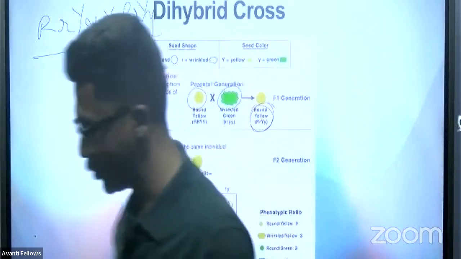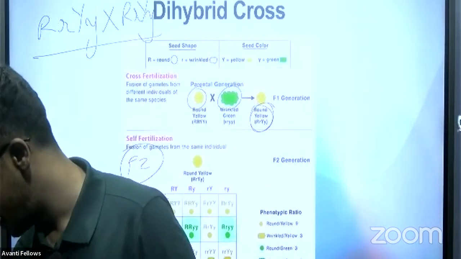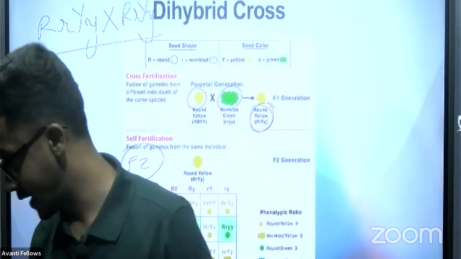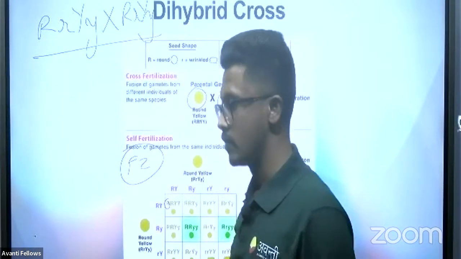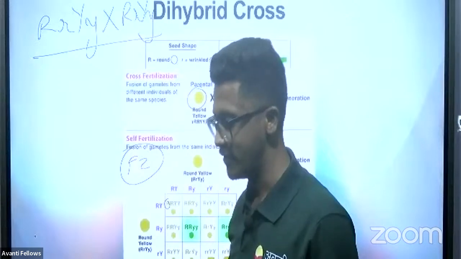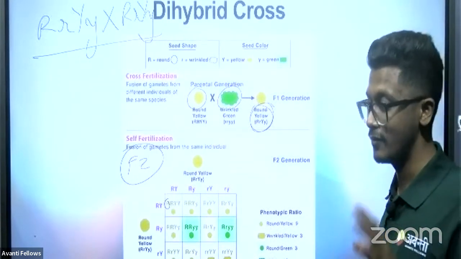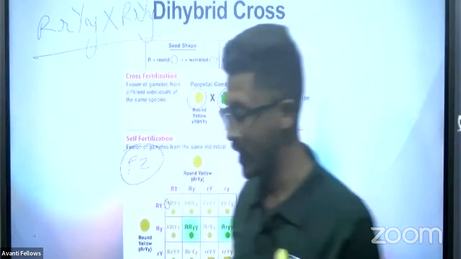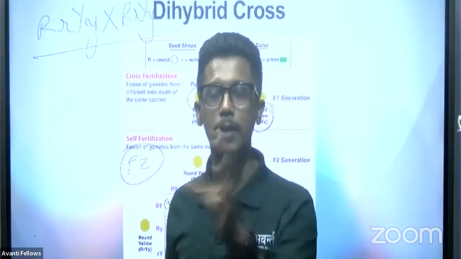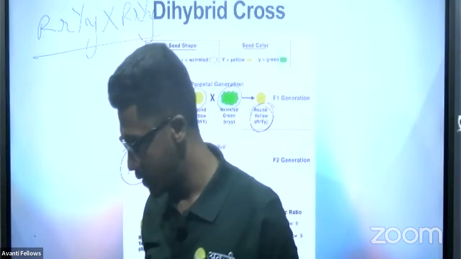Can somebody tell me the genotypic ratio of a dihybrid cross? It should take a few seconds. Let me check. Not the phenotypic ratio. I'm specifically asking, what is the genotypic ratio of a dihybrid cross?